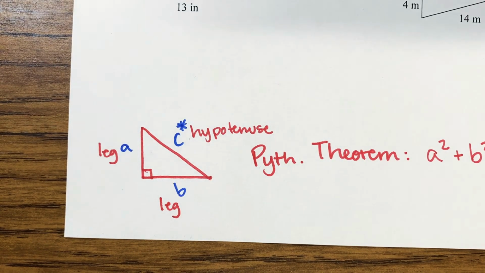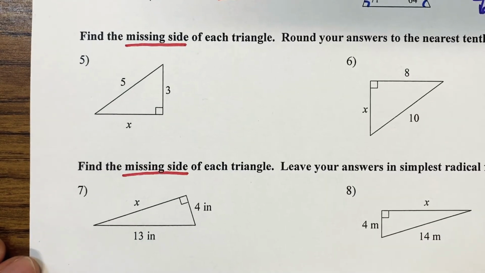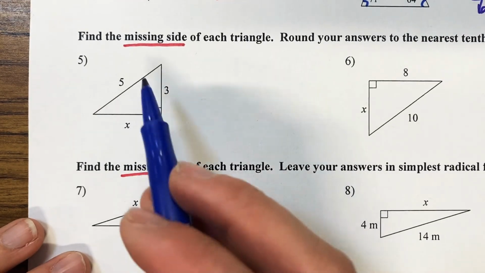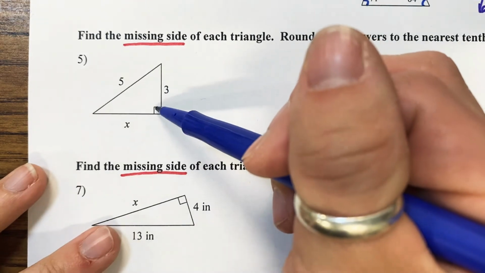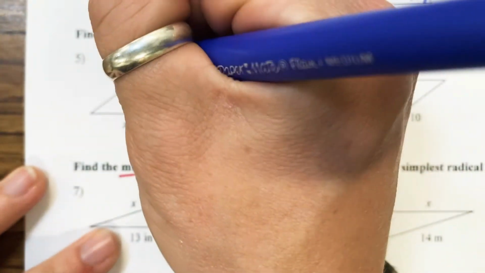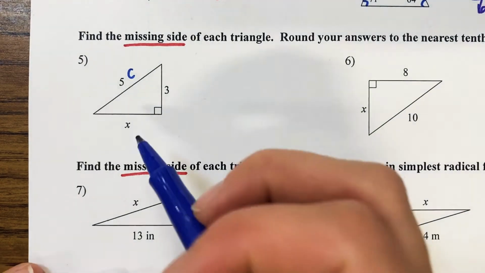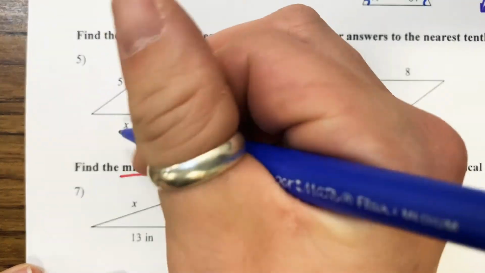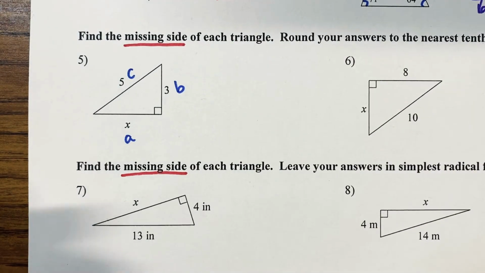Knowing this, let's go up to number 5. Let's label what is my c side. Let's find the c side first. Right across from my right angle is always going to be my c. a and b can be either one, so I'm just going to make x my a and make 3 my b.